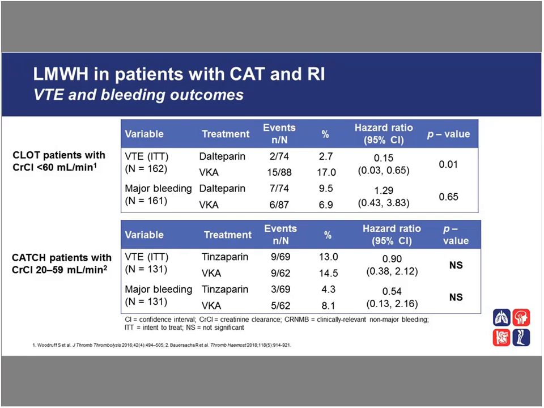They also showed no statistically significant difference between tinzaparin, because the CATCH study looked at tinzaparin versus vitamin K antagonist, when looking at major bleeding, 8.1% in the vitamin K antagonist group versus 4.3% in the tinzaparin group. They had fewer people, 131 patients. And similarly, venous thromboembolism was not statistically different between the two groups.